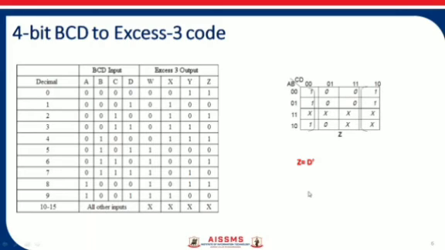Move to the next, Z. Again, by considering the ABCD values and the Z column, these are the values. As I said, the left and right sides are connected to each other, and top and bottom sides are connected to each other.